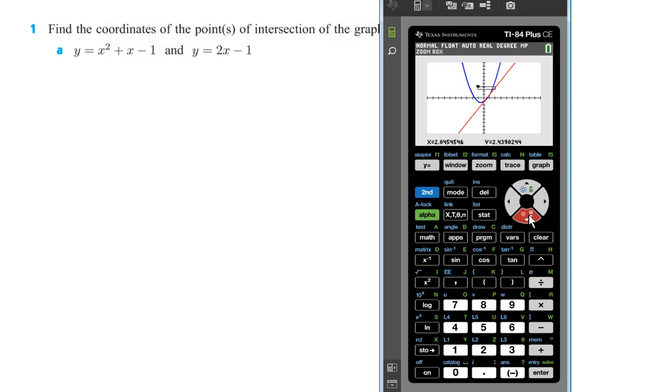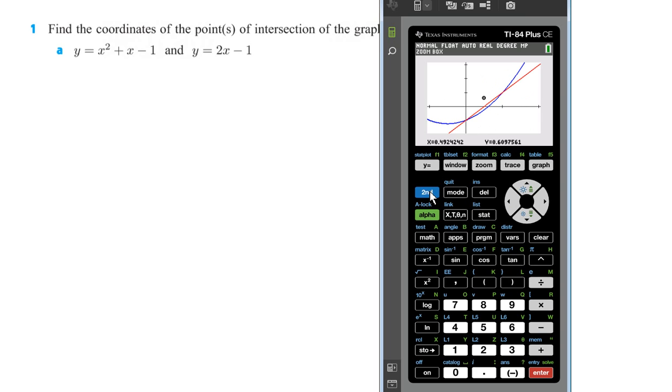Then I go down, and it ends up making this box. As soon as I push enter, it zooms in on that section. So I do enter, and then I get a much better look to see if there's one or none or two, because it's really hard to tell. Now I can definitely tell that there are two intercepts here.